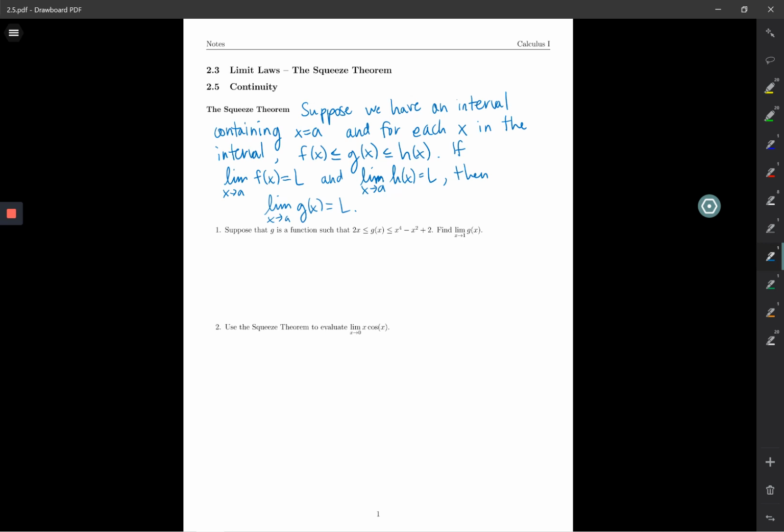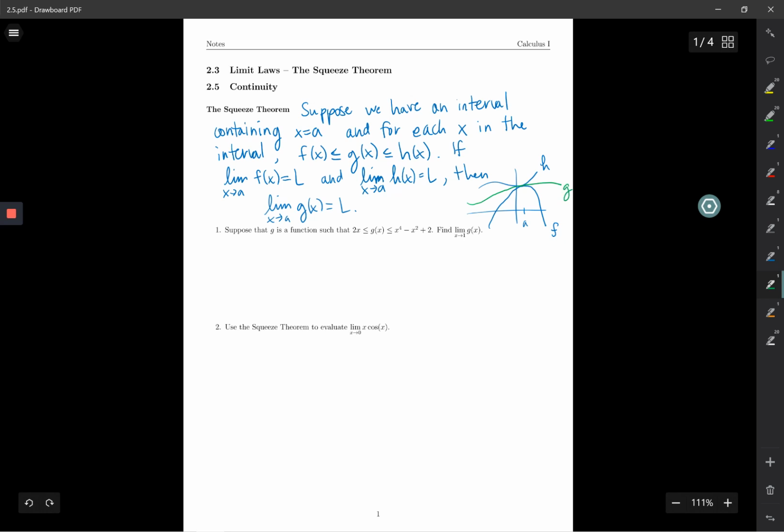So the picture here would be, say we have a function h and another function f, and here's our point a. So here's f, here's h, and then g is in the middle.